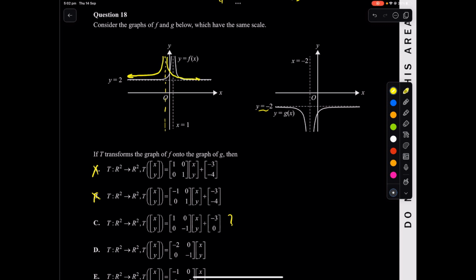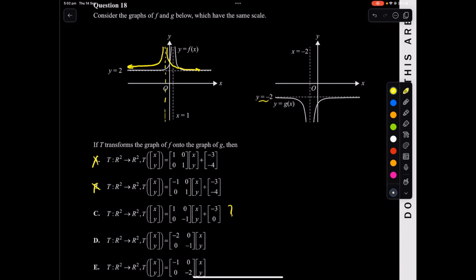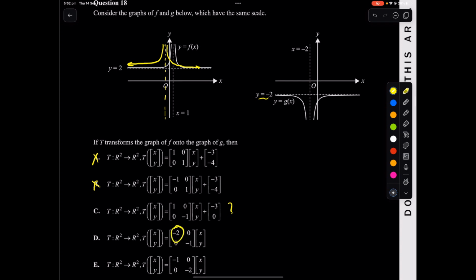And then it becomes thicker, becomes bigger, like the thickness, due to the fact it's a dilation by a factor of 2 parallel to the x-axis. So this thing over here becomes thicker. It will look maybe like this.